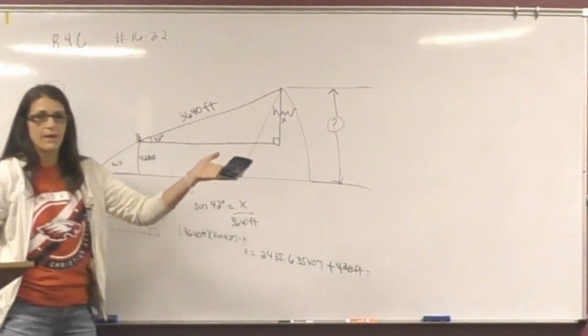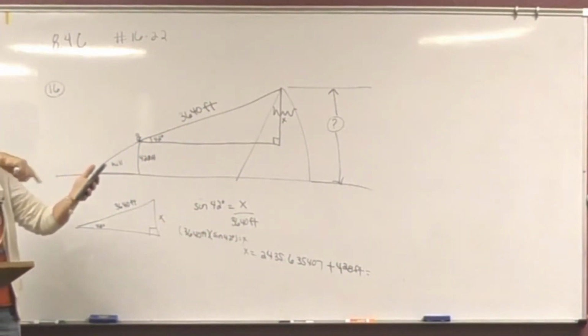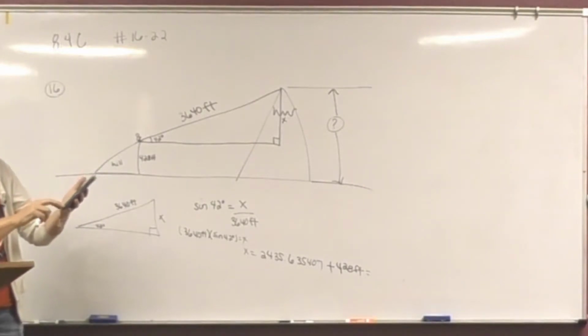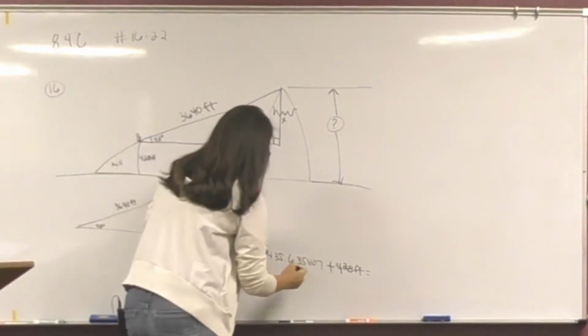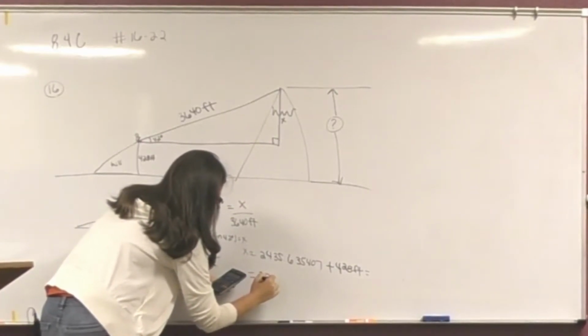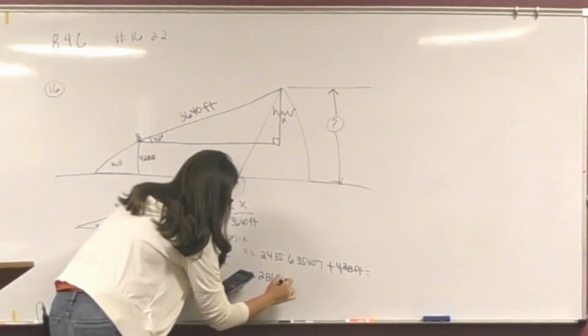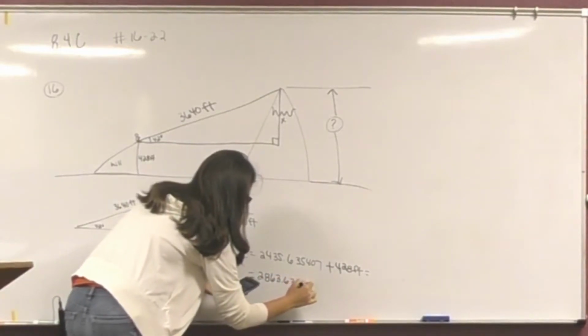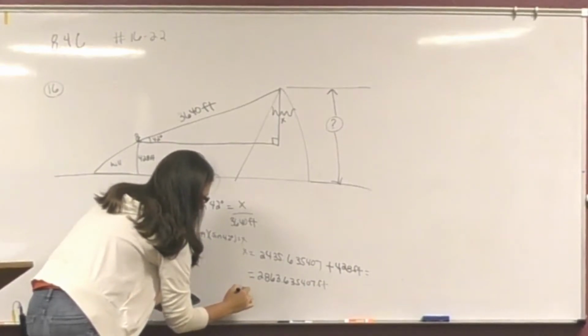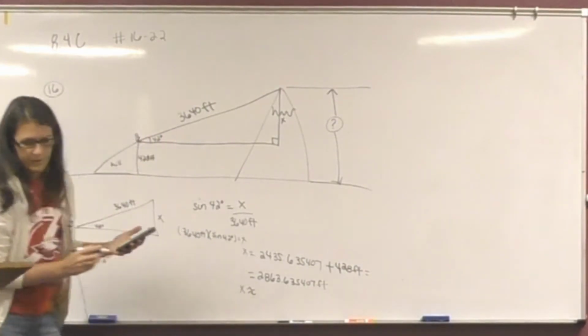Okay, so we left this number in our calculator, so now all you got to do is go plus 428. All right, so now this number equals 2,863.635407 feet.